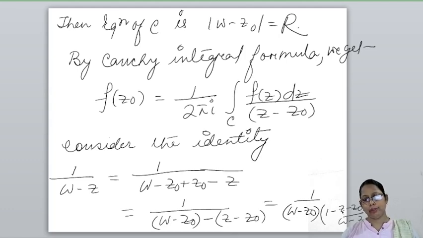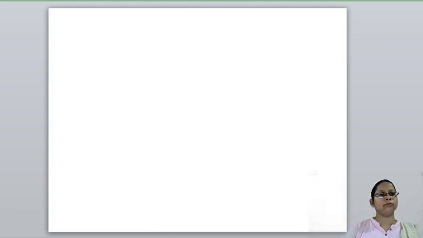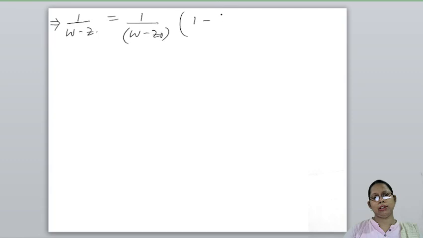Next step, bring this to the numerator. We will get 1 by (w minus z) equal to 1 by (w minus z naught) times [1 minus (z minus z naught) by (w minus z naught)] inverse.